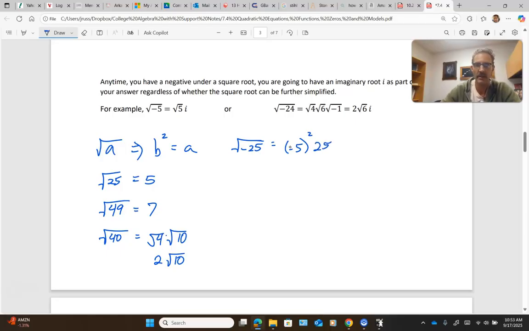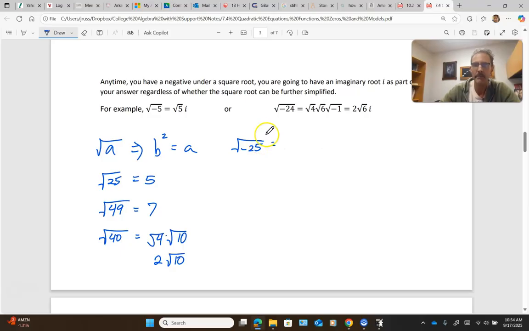Okay? So the square root of negative 25 is not negative 5, and it's not 5 either. In fact, guys, we say that it's not a real number. More specifically, we say that it is a number, but we're going to call it an imaginary number.